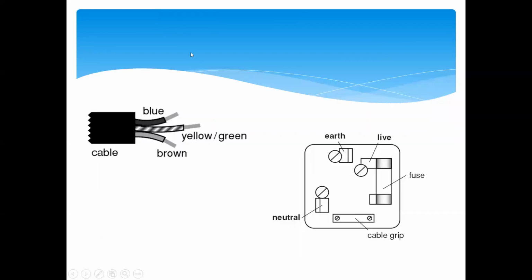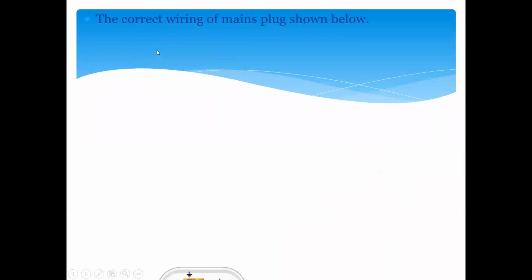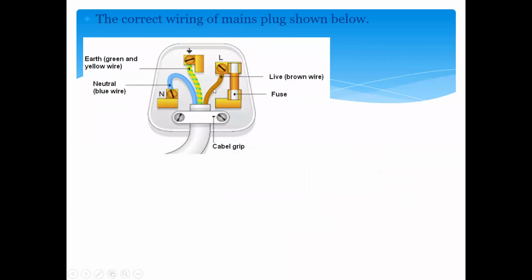So live wires have brown insulation, earthing wires have yellow and green insulation, and the neutral wire has blue insulation. As you can see here, blue is for neutral, brown is for live, and green is for the earthing wire. So we can identify them.